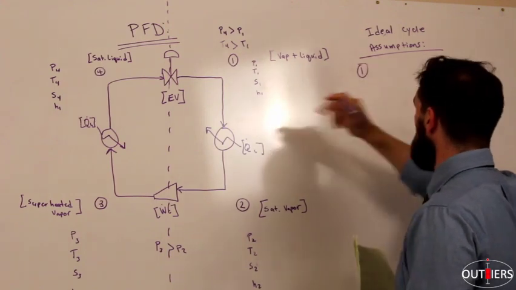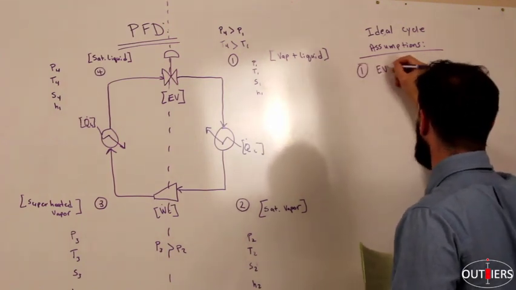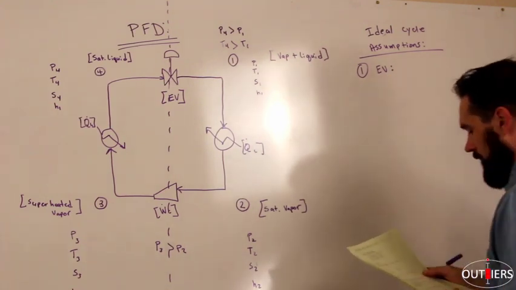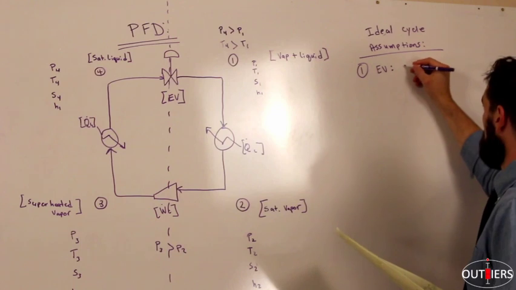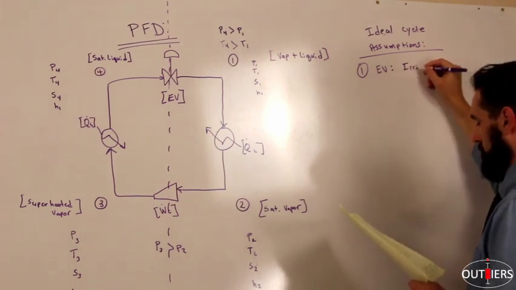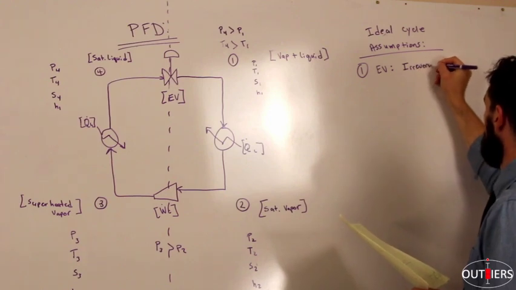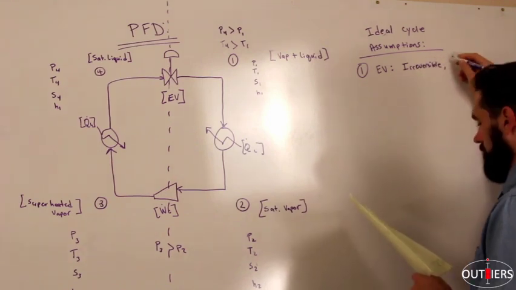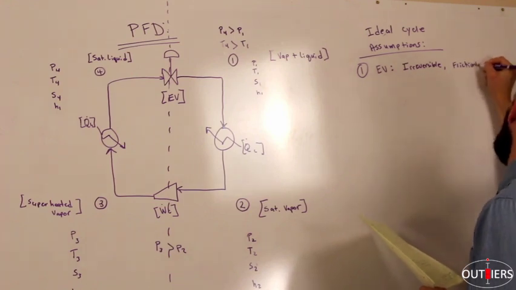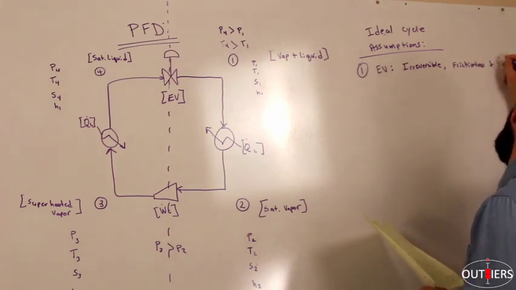The first one is going to be around the expansion valve. I'm abbreviating this EV. And we're going to assume that the expansion valve is irreversible, it's frictionless, and it's adiabatic.